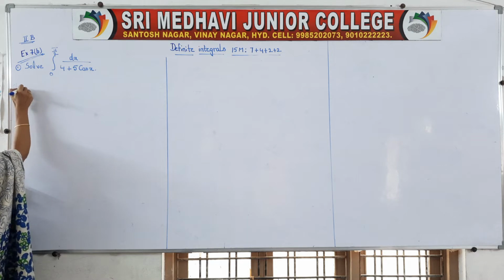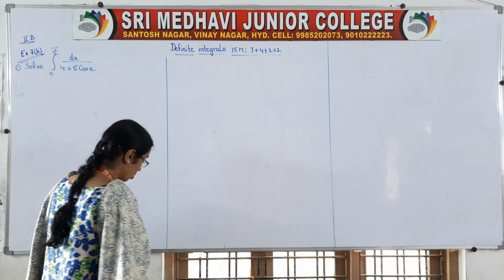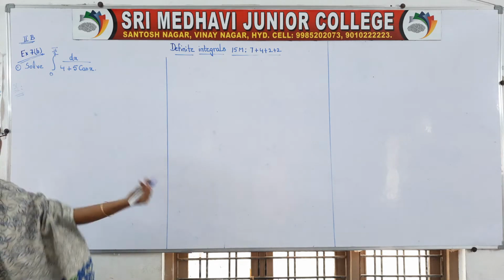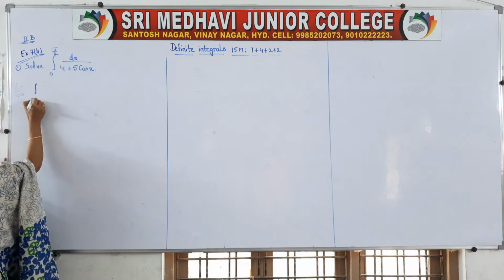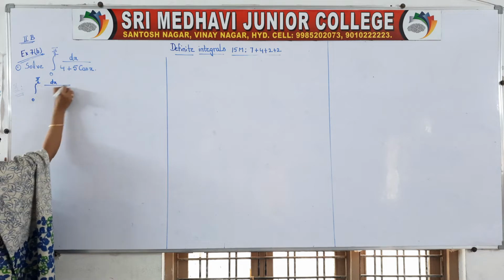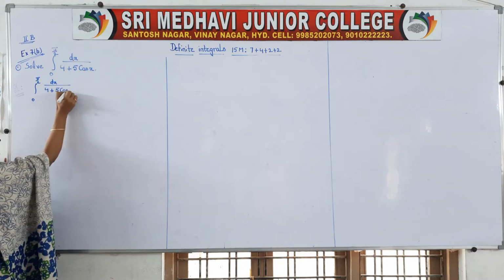So this is your given function. Take the problem: integral from 0 to pi by 2 of dx by 4 plus 5 cos x.